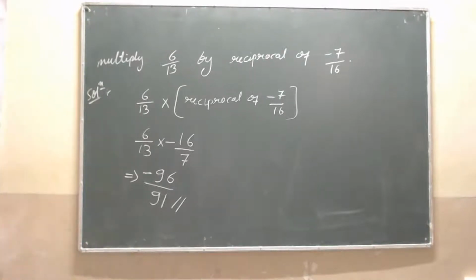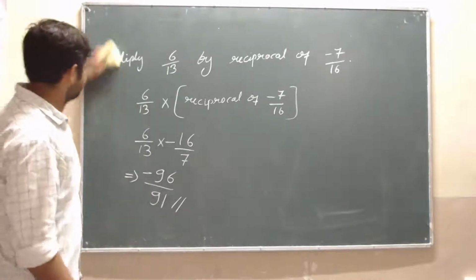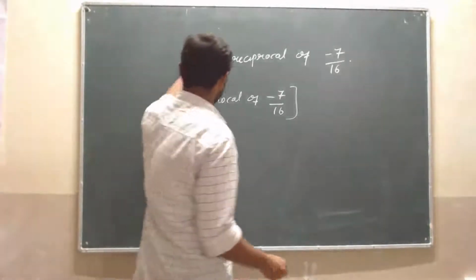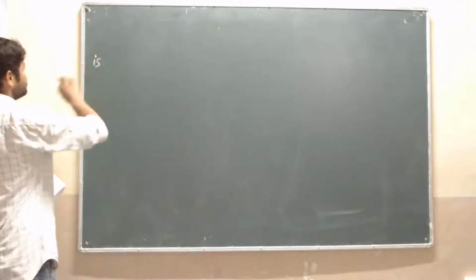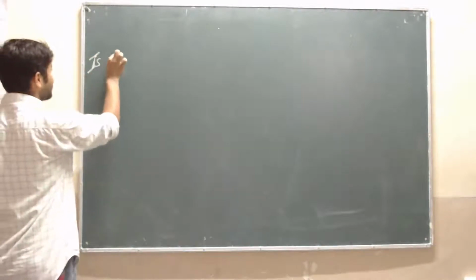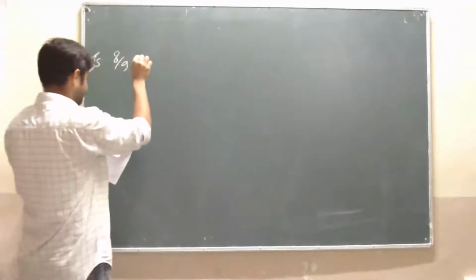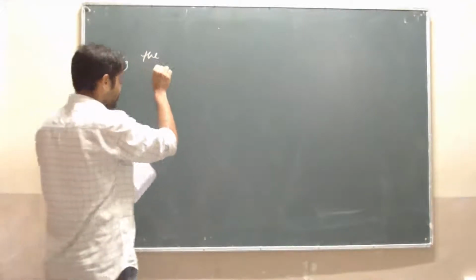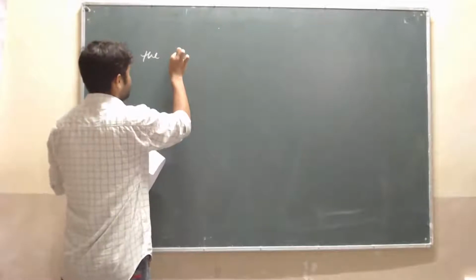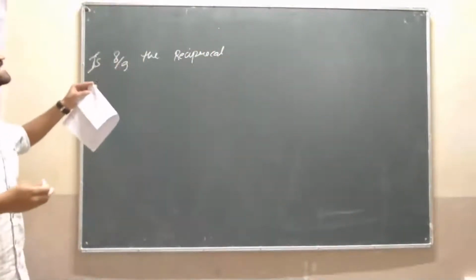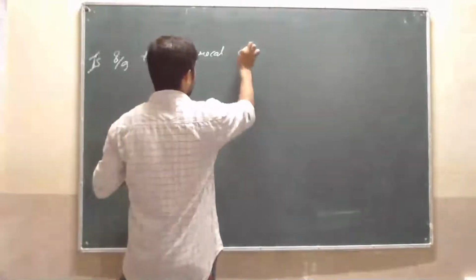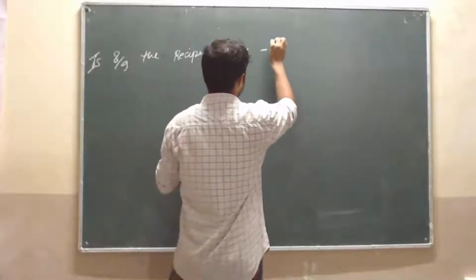One more interesting question we have here. Is 8 by 9 the multiplicative inverse, I will write directly reciprocal, is 8 by 9 the reciprocal of minus 1 and 1 by 8?